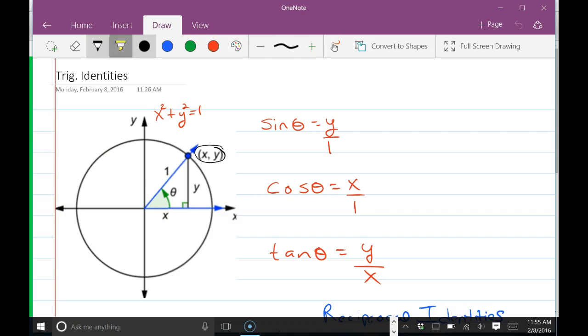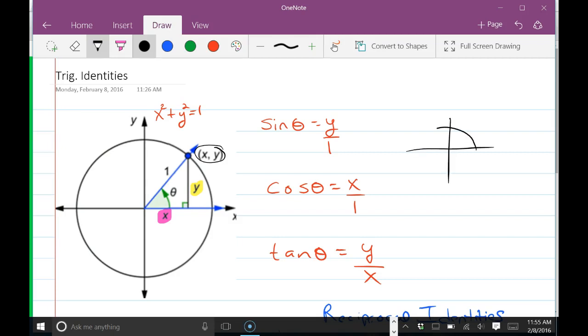In class, we talked about that the sine of theta would be y over 1. The cosine of theta would be x over 1. And the tangent of theta would be y over x. Solving these out together, we saw then that the sine of theta is equal to the y coordinate on the unit circle. The cosine of theta is equal to the x coordinate on the unit circle.